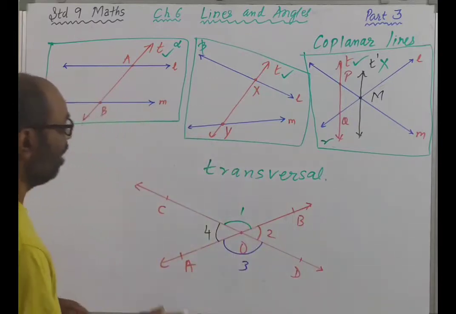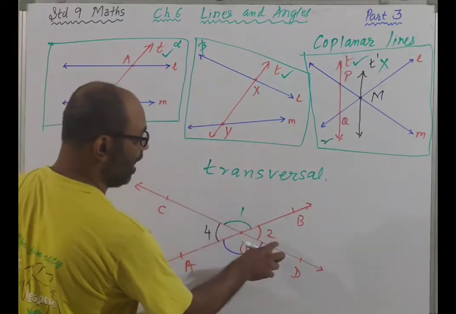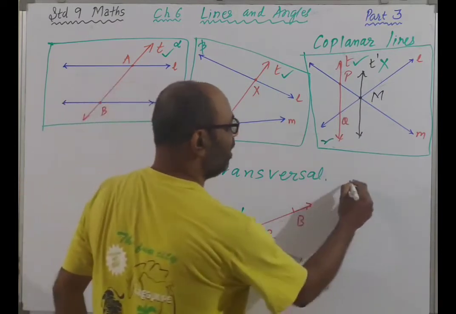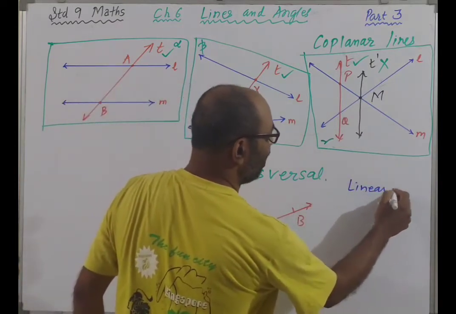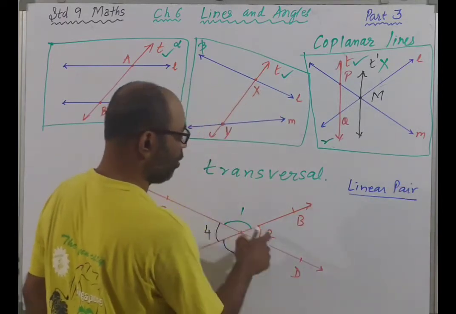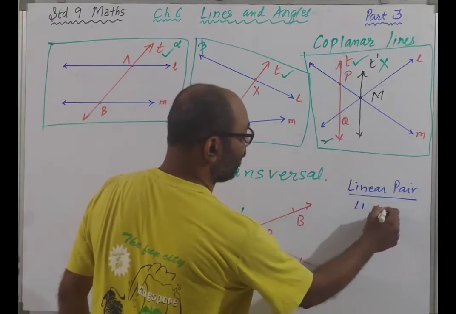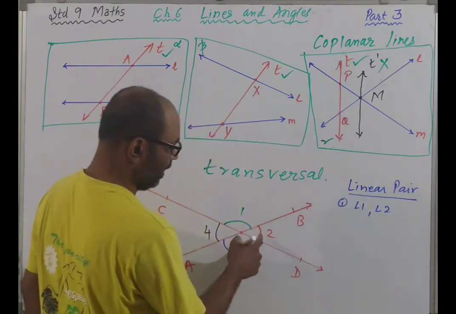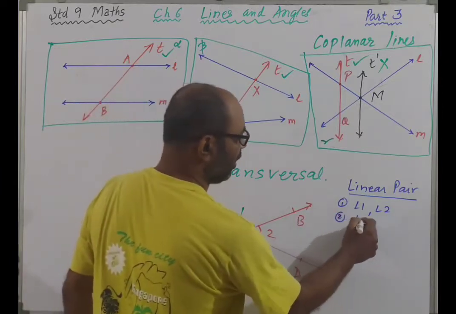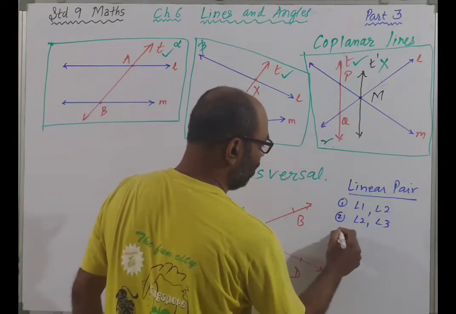Now, you have learned angle 1 and angle 2 form a linear pair. That is the first pair. Then angle 2 and angle 3 are also a linear pair.